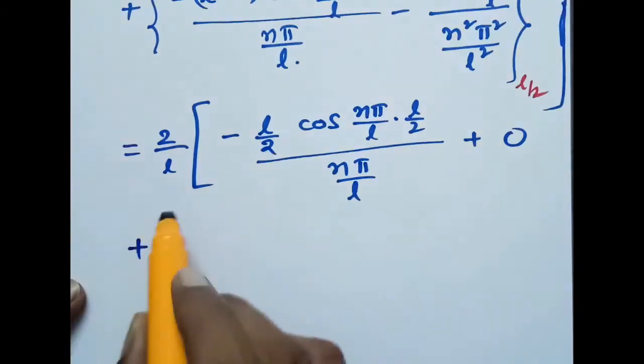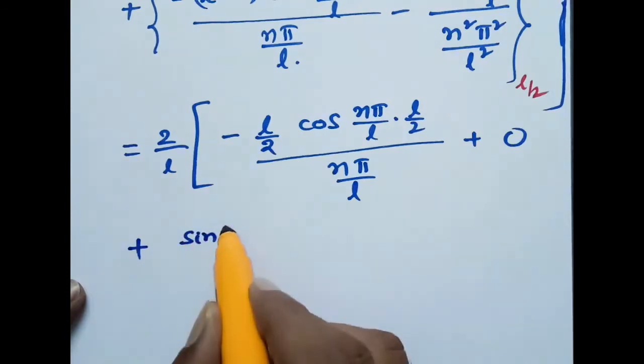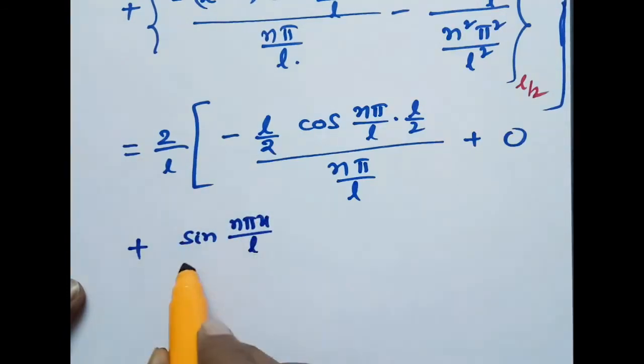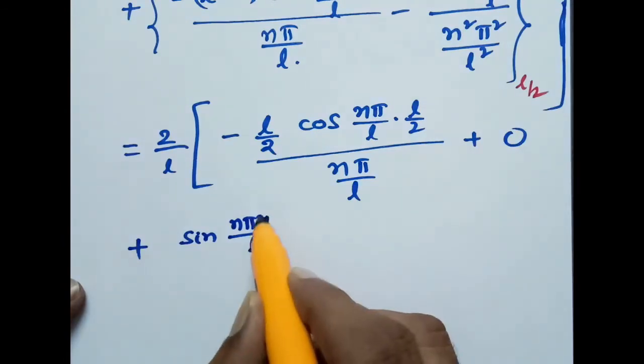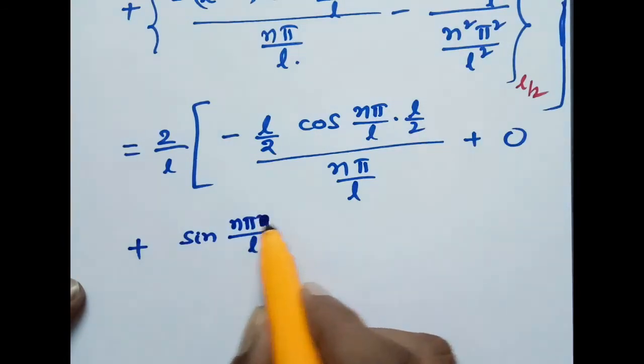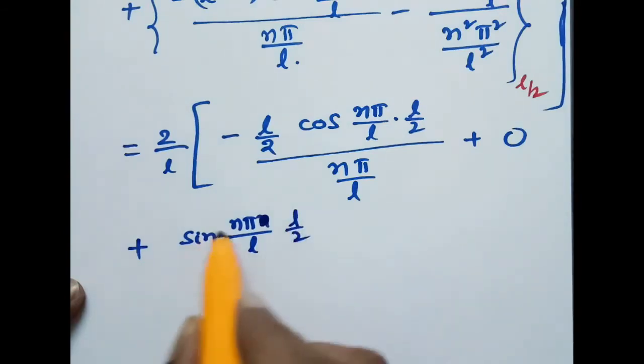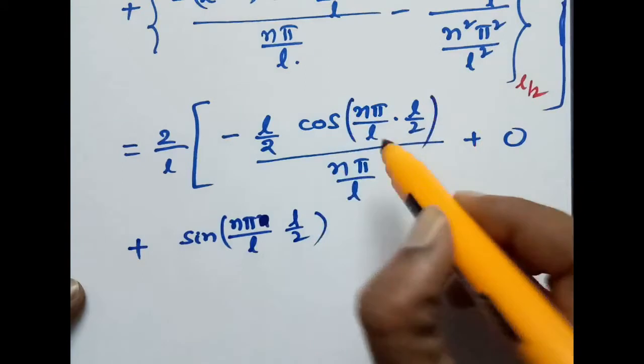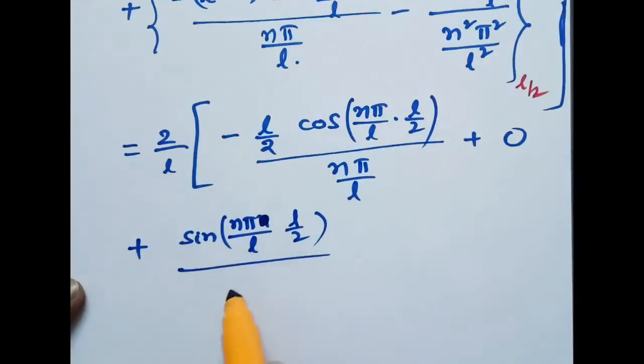Plus sin of n pi by L into L by 2 by n square pi square by L square.